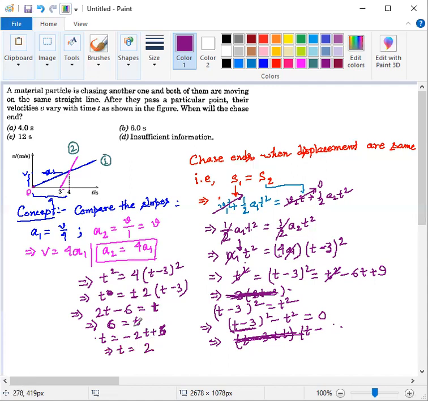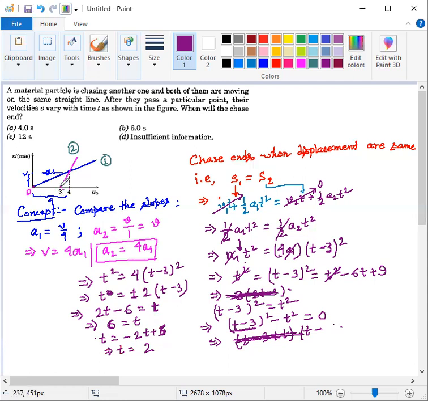But from the given condition of this question, we can see that t equal to 2 is not acceptable. Why is it not acceptable? Because the second particle does not start until 3 seconds.